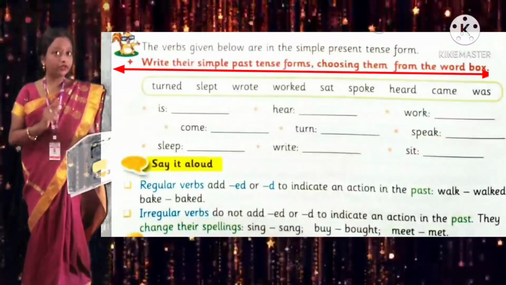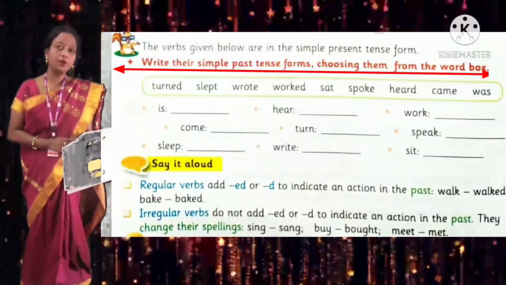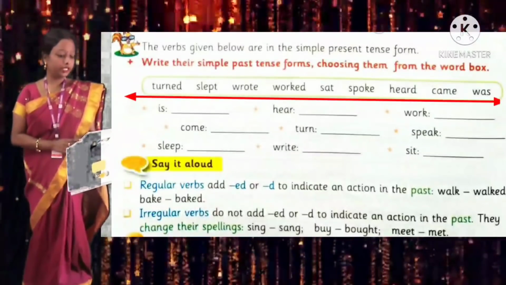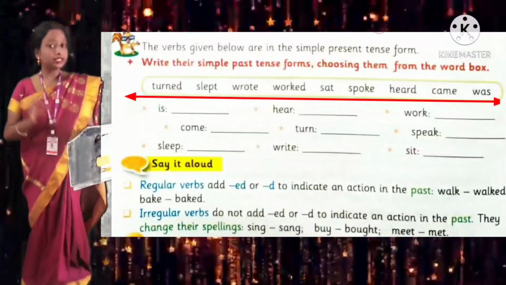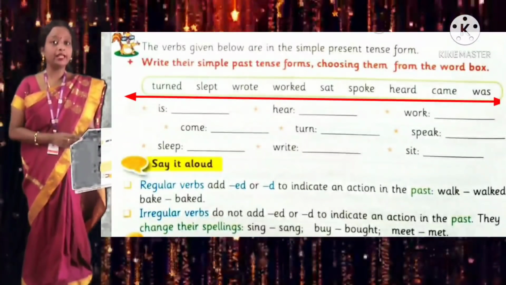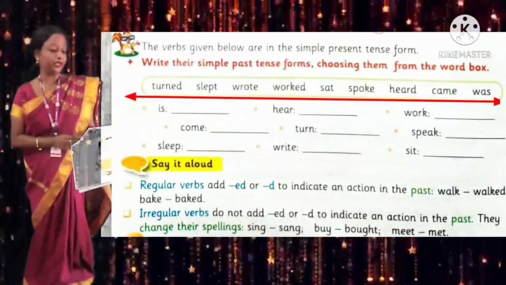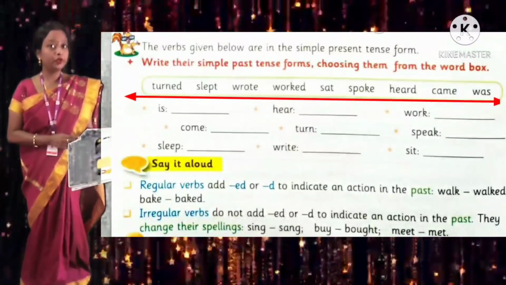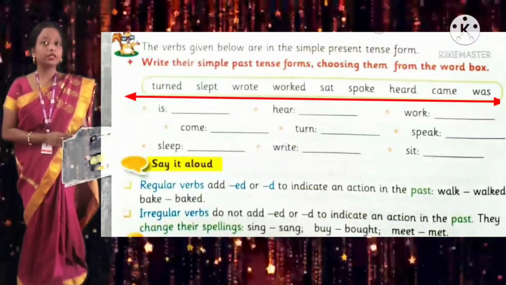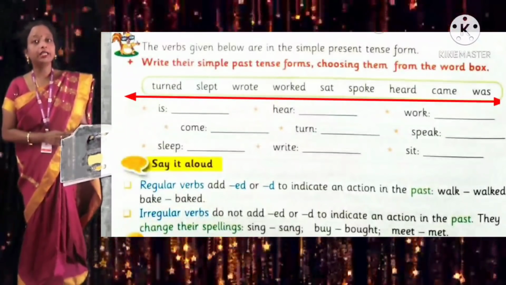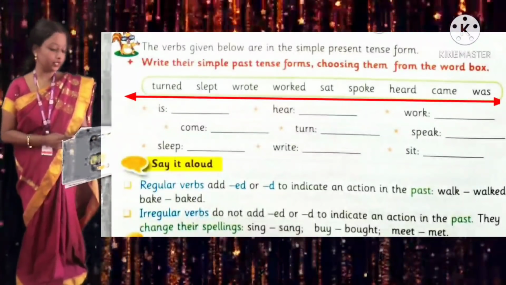Yes, children. I'll read the words which are in the box. Turned. T-U-R-N-E-D. Turned. Slept. S-L-E-P-T. Slept. Wrote. W-R-O-T-E. Wrote. Worked. W-O-R-K-E-D. Worked.